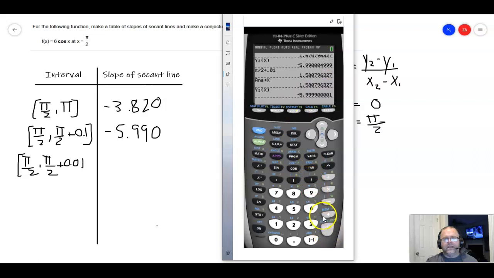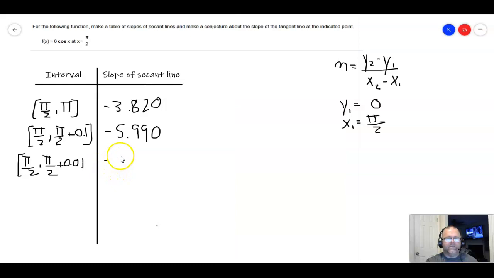And now we're going to get negative 5.9999, which since we're rounding to 3 decimal places is actually going to give us negative 6.000, which I'm going to check right now.